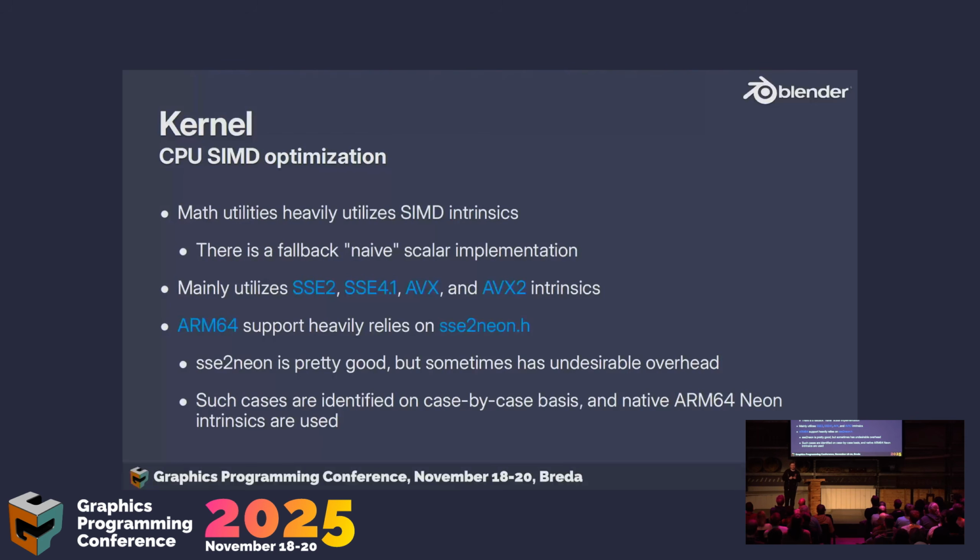On a CPU, to keep performance good, we utilize CPU SIMD intrinsics, quite extensively. But we also have the naive fallback to the scalar implementation to support CPUs which we don't officially target. Historically, we used SSE and AVX intrinsics, so that's what you can see all over the utility functions. To support ARM64, we use the SSE2NEON header, which works pretty well.